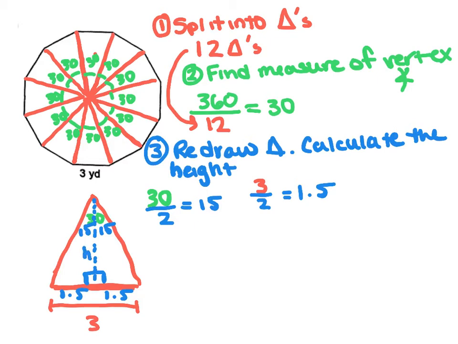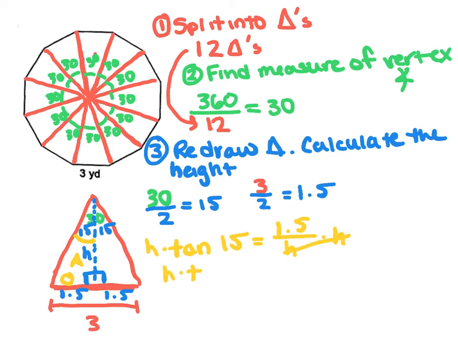So if I set up my problem using trig, this is my vertex angle, and I have the opposite and adjacent. And since I have the opposite and adjacent, we're going to use tangent. So you could say tangent of 15 equals 1.5 over h. And if I were to solve, you would have to multiply both sides by h.